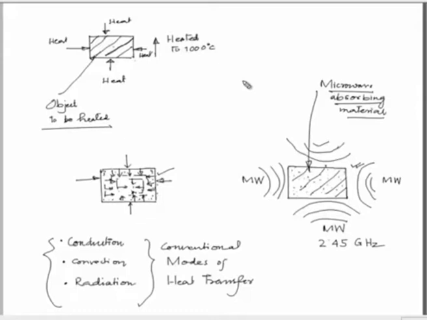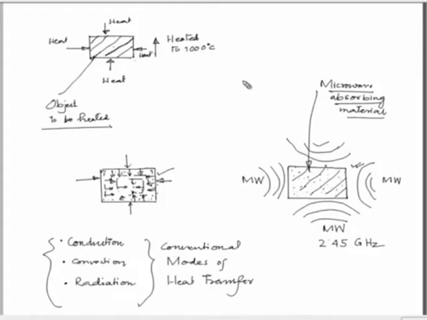Microwave, as we know, is nothing but electromagnetic energy. It is a particular form of electromagnetic energy at a particular bandwidth of wavelength, and we will be using a particular selected frequency for processing or heating purposes.